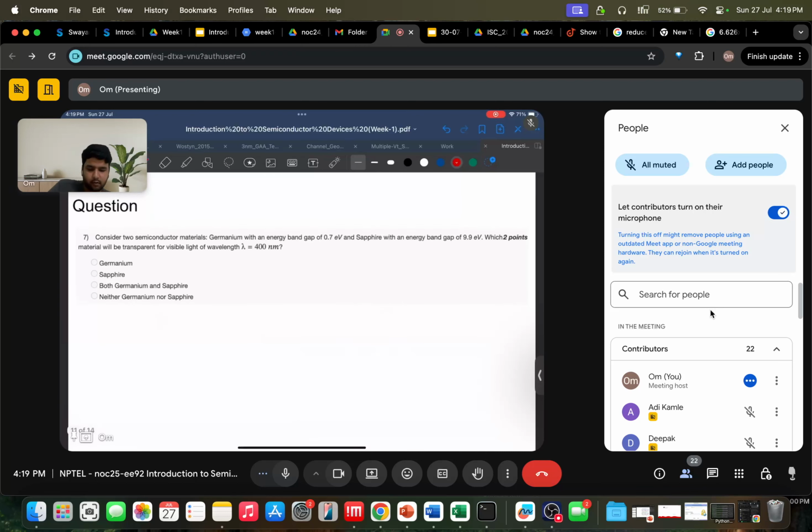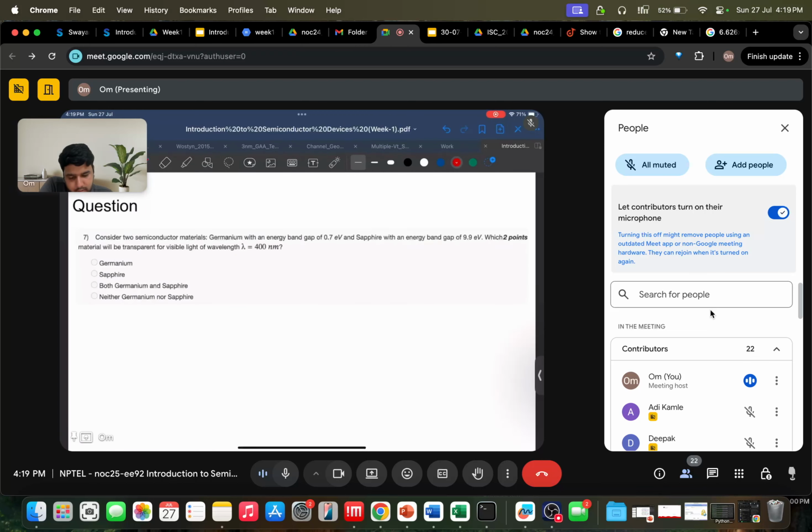This is a very interesting question. Consider two semiconductor materials, germanium with an energy bandgap of 0.7 electron volts and sapphire with an energy bandgap of 9.9 electron volts. Each material will be transparent for visible light of wavelength 400 nanometers.